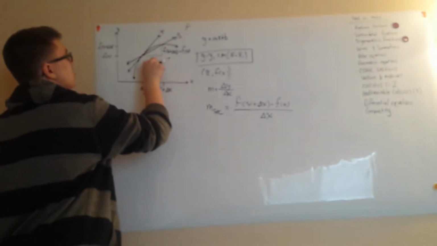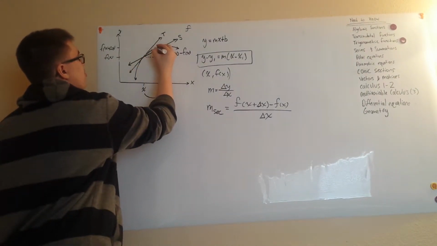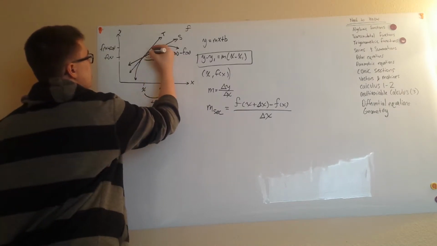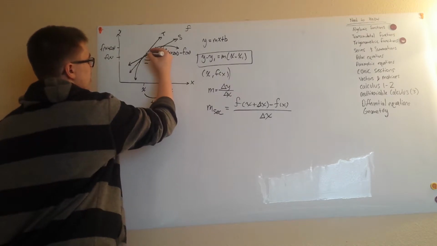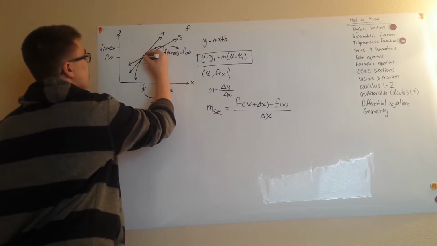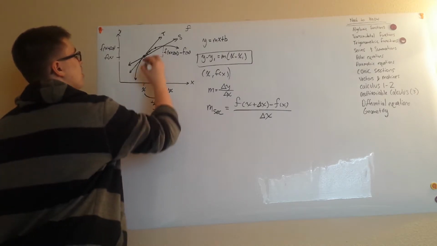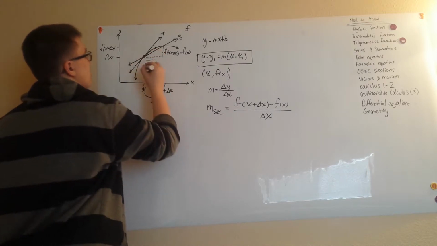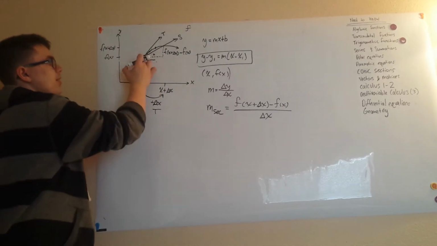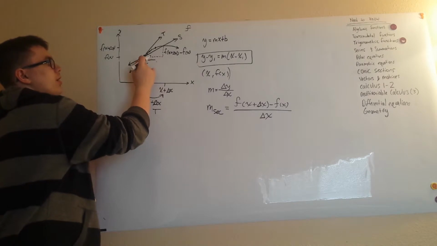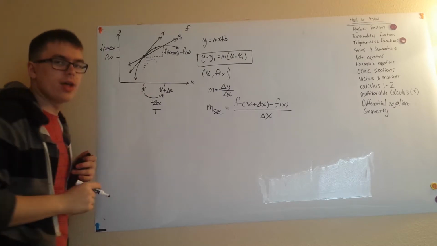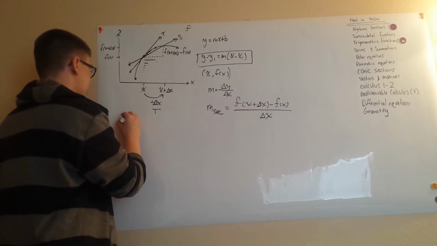And what happens is, if we put this point here, our delta x decreases, gets small. This is the tangent point. And if we get really, really close, then this delta x value gets closer and closer to nothing.